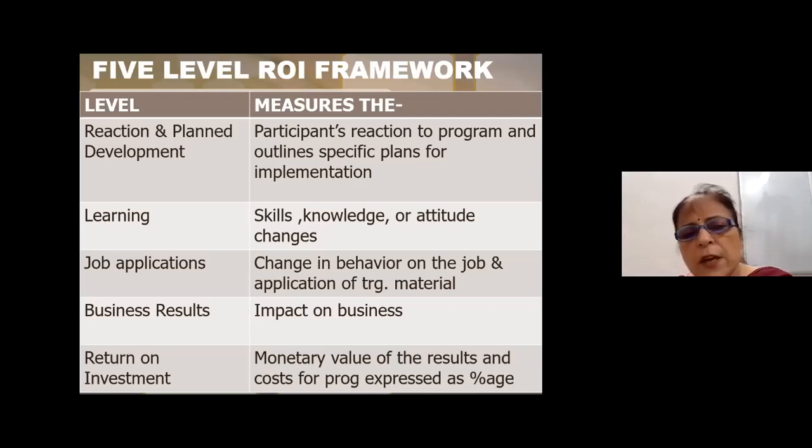So level 1 and level 2 give you immediate results. They give you immediate analysis. But if you go to the next level, it takes time. And business results, the impact on the business, will take even more time to analyze. A sizable workforce should be ready with the training, and only then can you measure the impact on business.